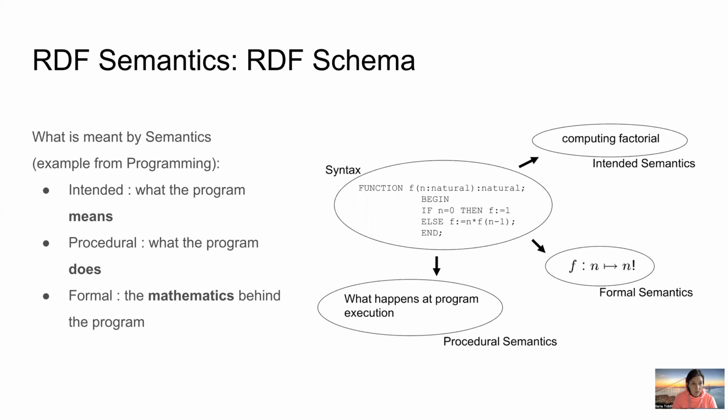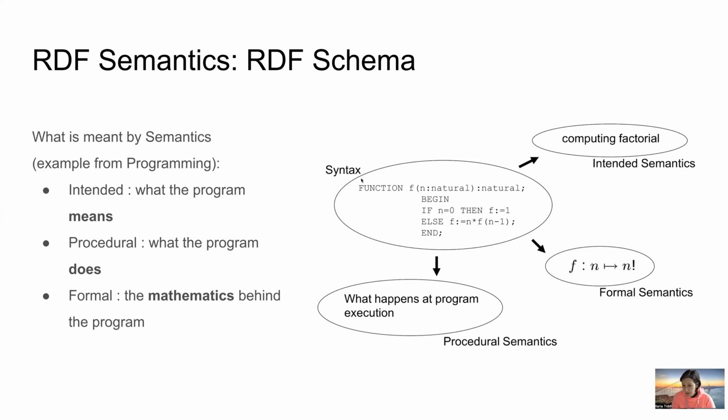Just a small parenthesis, what we mean by semantics. This is an example from programming languages. If you're familiar with programming, most of the time when you write a function, you have a certain syntax that you use.